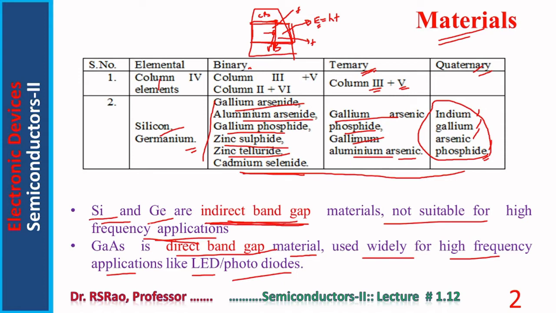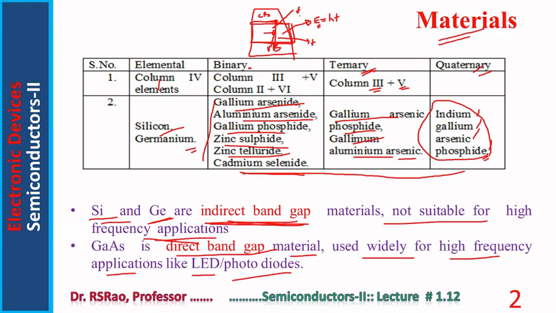In silicon and in germanium, this kind of thing happens. An electron in the conduction band falls into the valence band in steps. As a result, we have seen emission of energy in installments or in steps, and the frequency of the energy is small.